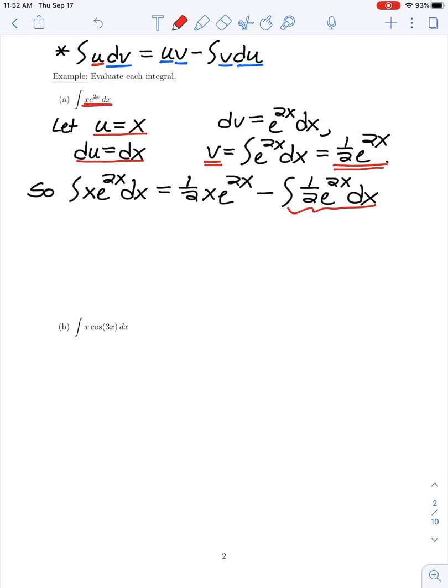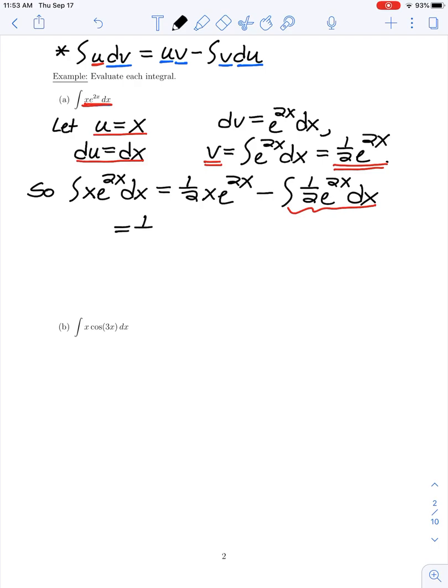It no longer involves a product of two functions. It's just the antiderivative of e to the 2x, the constant 1/2 I could bring out in front of my integral. So that's the idea of this method: we take an integral that's a little complex and apply this formula to get a new integral which is easier.